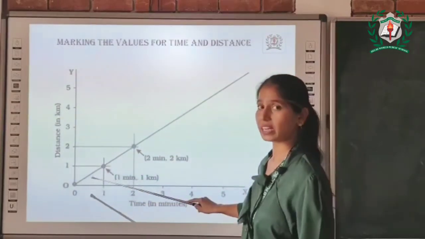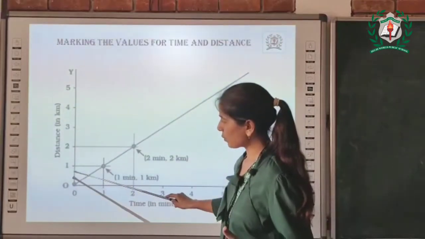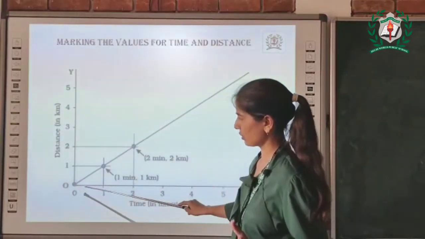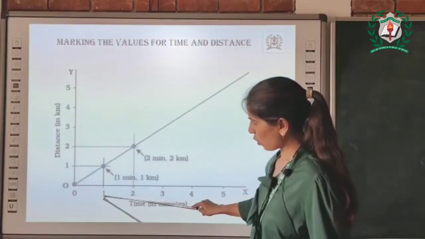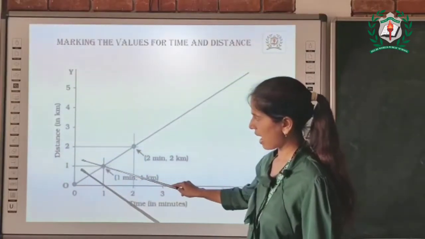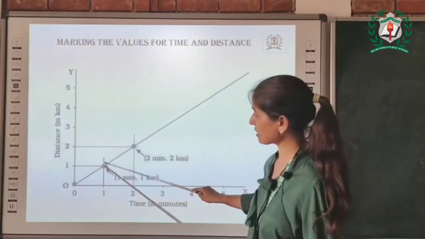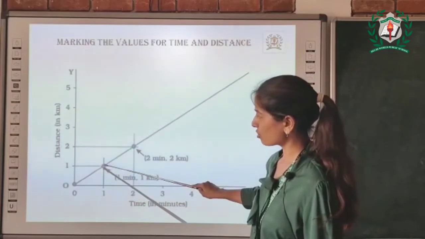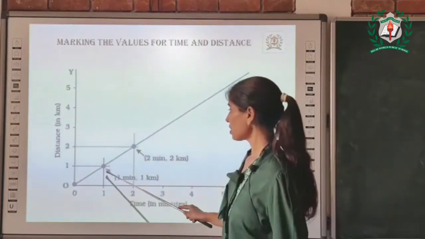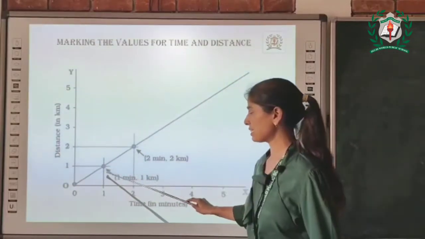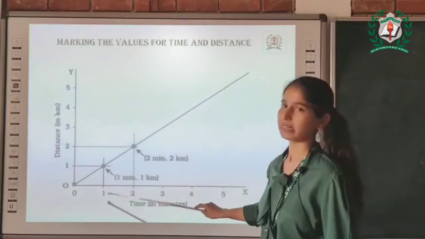So we have marked this distance here, that our vehicle covered this distance in 1 minute. As you can see, 1 minute is here and 1 kilometer, and these two points are intersecting here, right? So this is why we mark this point here. At this point we can say that the speed of this vehicle was 1 kilometer per minute.